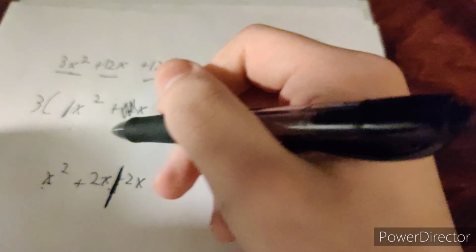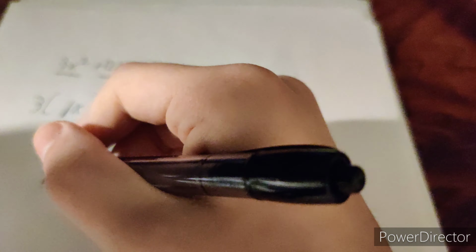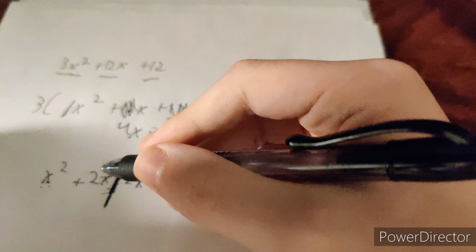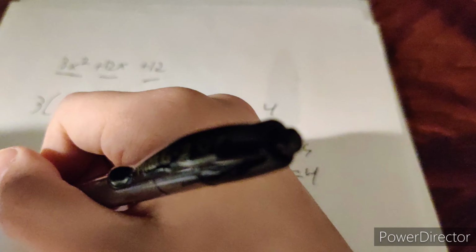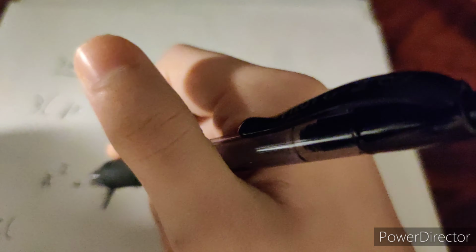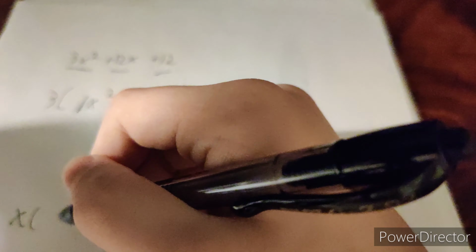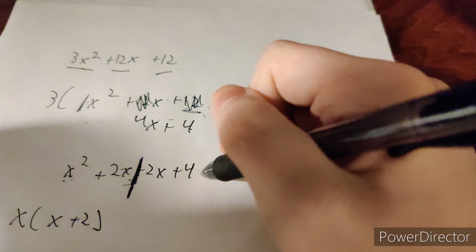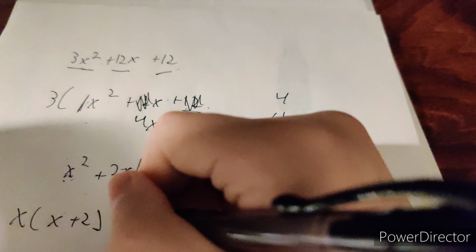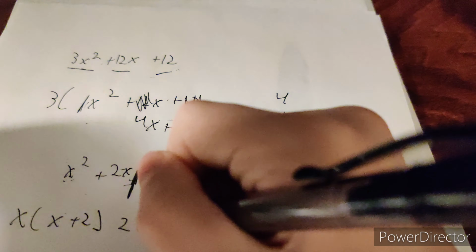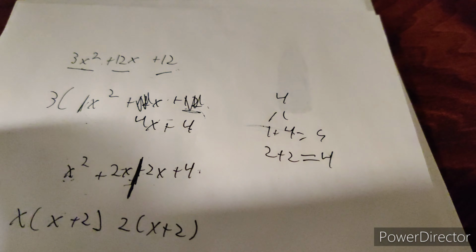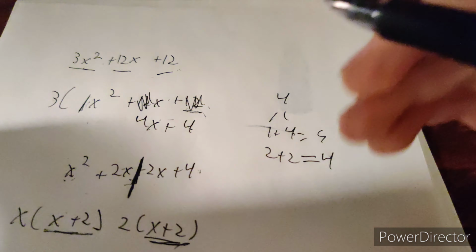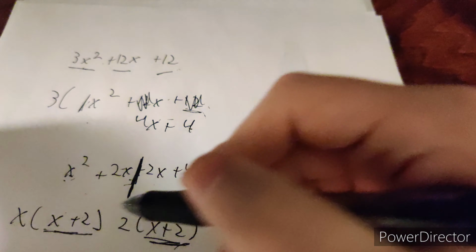We see what the greatest common factor of each expression is. x is the greatest common factor of the first one, since it goes into both terms. So you take out an x and you have x plus 2. Over here, you can't take out an x because there's no x near the 4, so you take out 2, then x plus 2. If you do it right, you'll notice that these two expressions in the parentheses are the same thing.